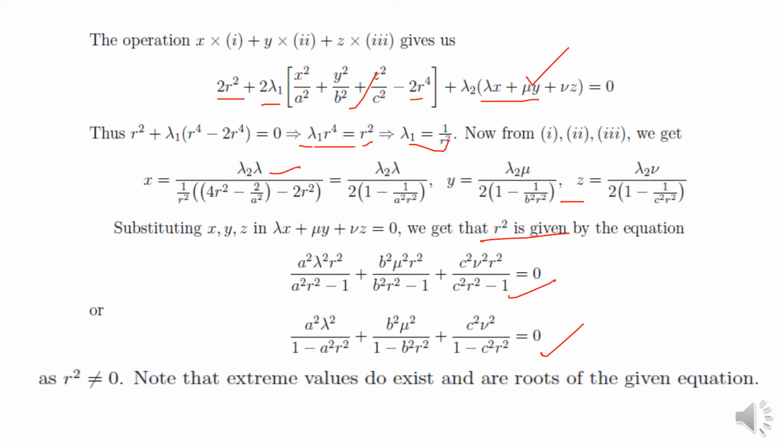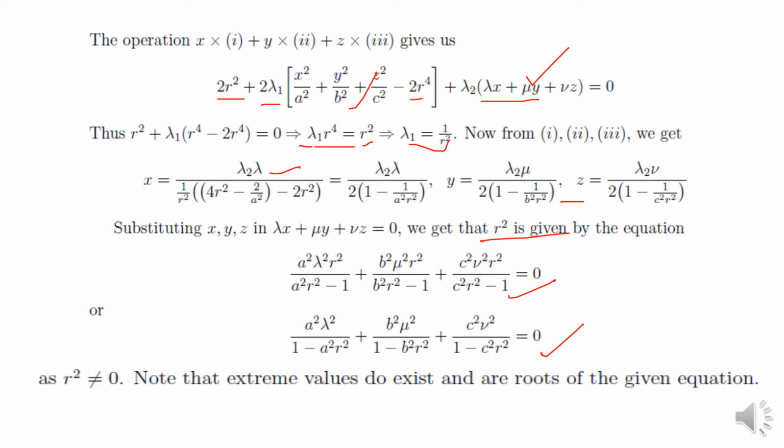So this gives x, which comes from x dx plus y dy plus z dz. So x plus x upon a square, which comes from x upon a square dx plus y upon b square dy plus z upon c square dz equal to 0, into lambda 1, x upon a square into lambda 1. And from the plane equation we get lambda into lambda 2 is equal to 0.